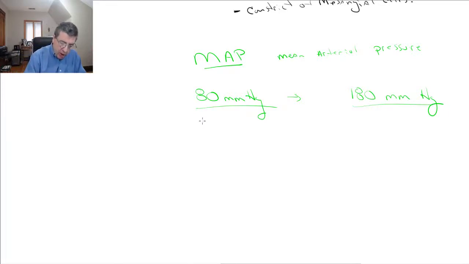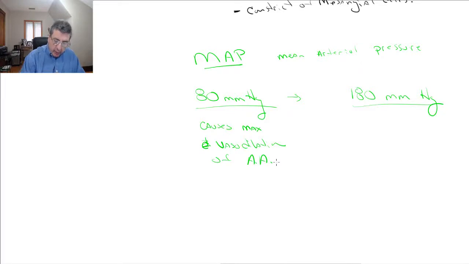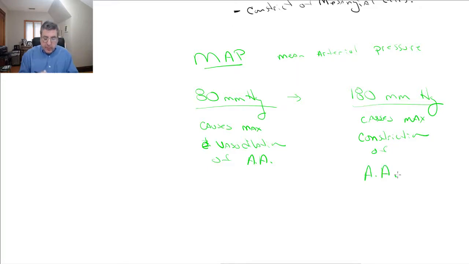So this causes a maximum vasodilation of the afferent arteriole. 180 causes the maximum constriction of the afferent arteriole.